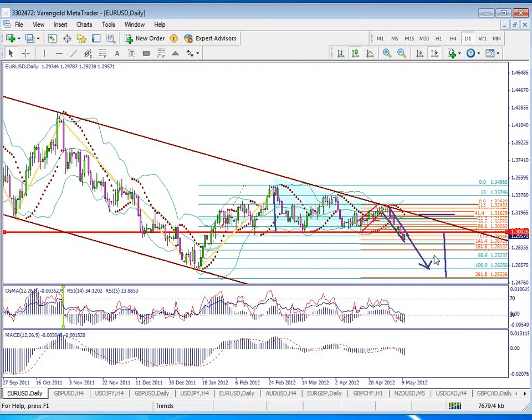So the pair can go for 88-100, but it may also not have the power to go to 161.8 and just start the correction. According to fundamentals, I think that the new impulse will also be in the down direction, after the correction. I think that the pair will have more lows in the coming months.